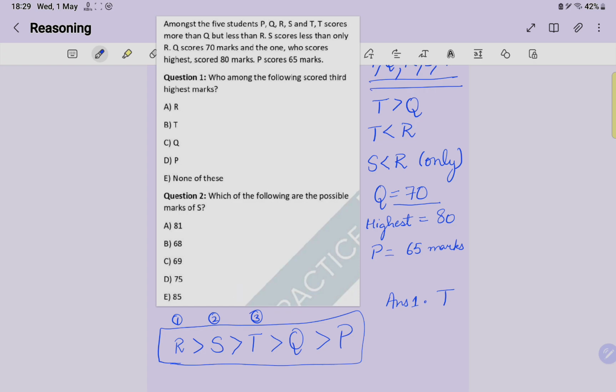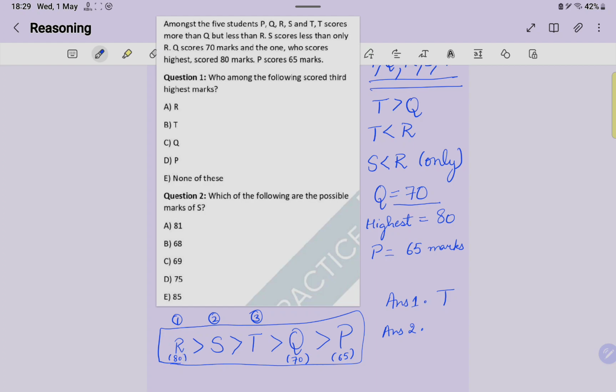Another question is, which of the following are the possible marks of S? Now, we know that the marks of P are 65, the marks of Q are 70, and the highest marks, that is R, are 80.